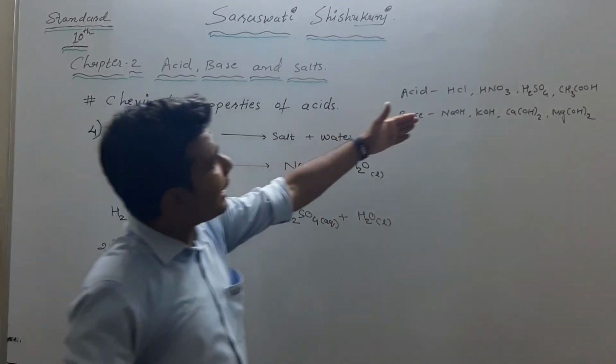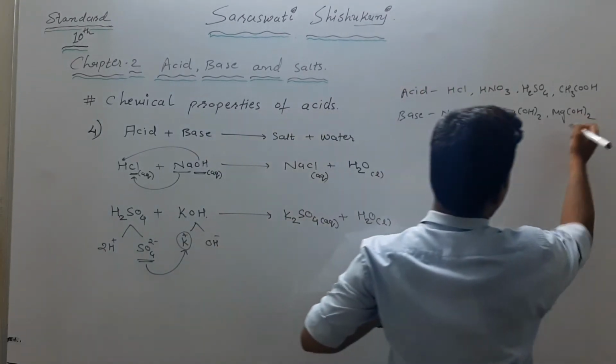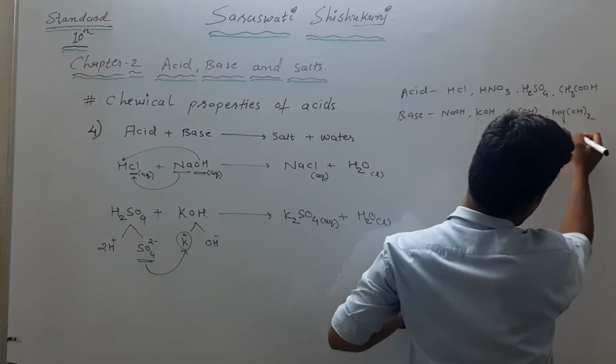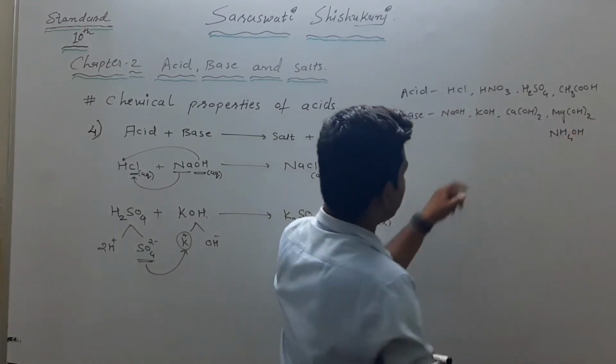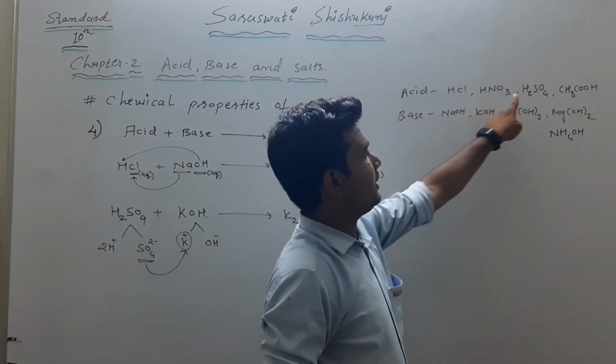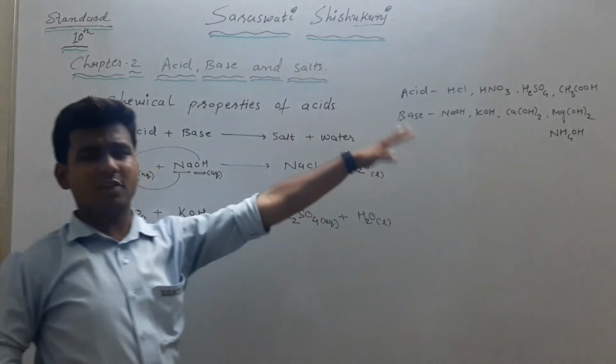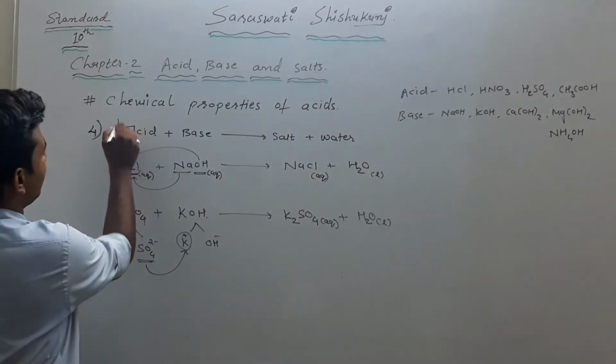You can react and make a lot of equations from it. Here we can also take NH4OH, ammonium hydroxide as base. So you can react NaOH with HCl, NaOH with HNO3 and so on, right? So this way you can prepare many examples of acid.